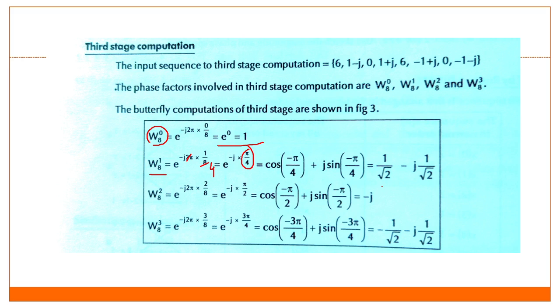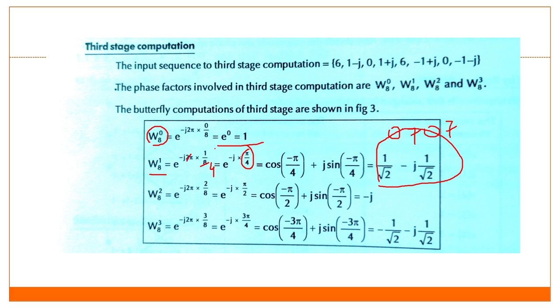From this I get 1 by root 2 minus j 1 by root 2. So the value of 1 by root 2 is 0.707, and you can write 0.707 minus j 0.707.